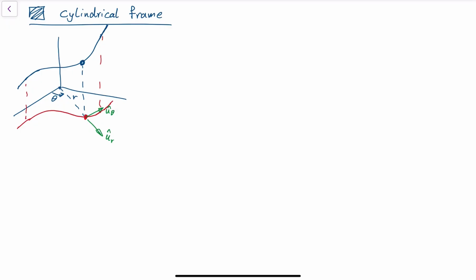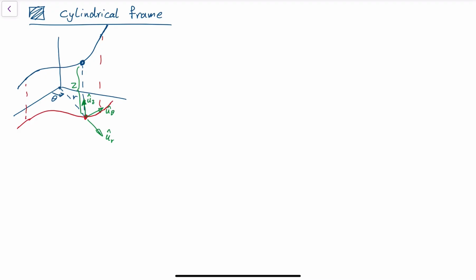The only thing we need to now define and add to our frame is a third axis and the distance along that axis to get to the actual 3D position of the particle.